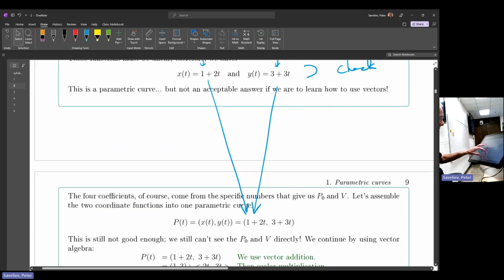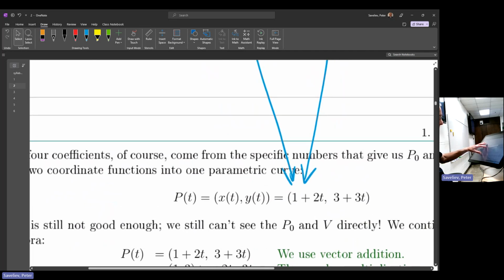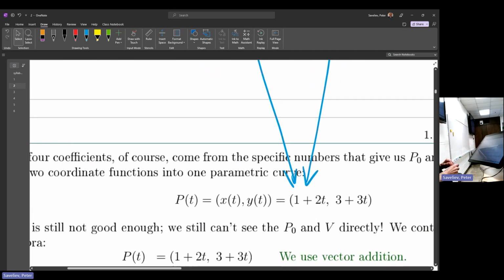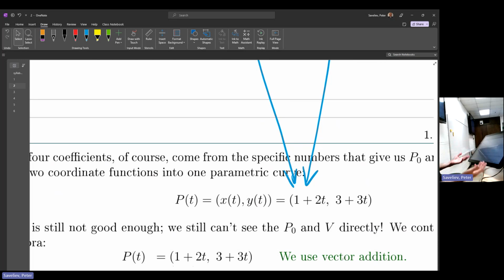So let's carry out this little bit of algebra. 1 plus 2t, 3 plus 3t is a complete description of motion, so hypothetically we don't really need to do anything. But it is revealing to combine the terms together.